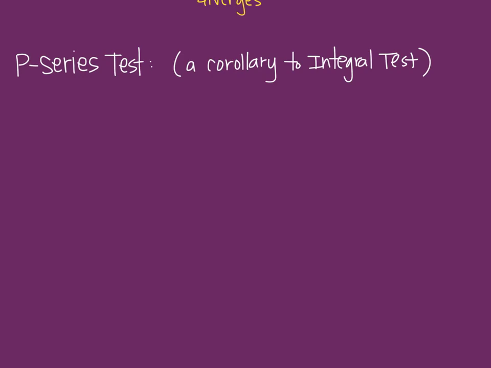All right, if you are given a series in the following form, 1 over n to the p, this is like the first example that I did for you. Okay, this happens a lot.